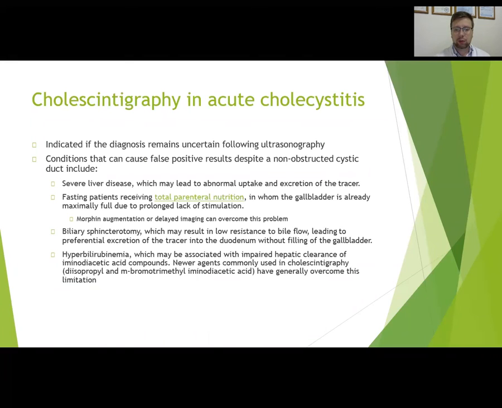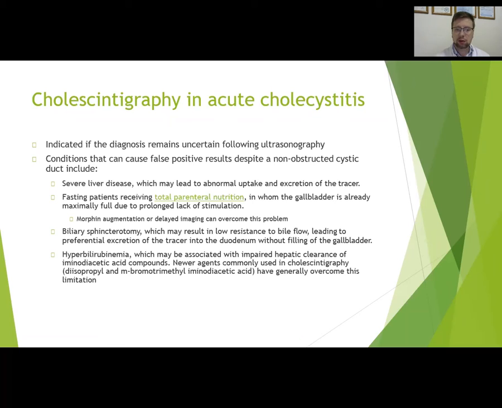Nuclear imaging plays an additional role in the diagnosis of this disease. We call this method cholescintigraphy, and it is indicated if the diagnosis remains uncertain following ultrasonography.